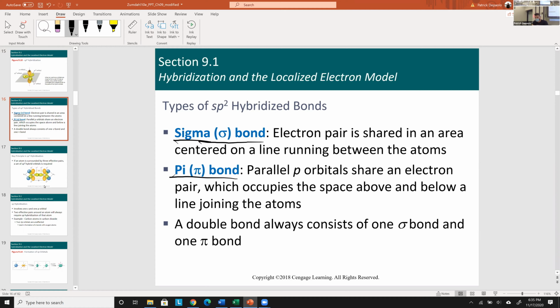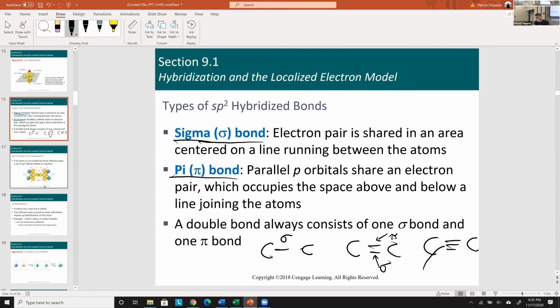That's an example. So if you had, let's say, C single bond C, this would be a sigma bond. If you had C double bond C, this would be 1 sigma bond, 1 pi bond. And no, it doesn't matter which one's which, because in your picture, it's not going to be perfect. Then for a triple bond, it does matter which one's which, because you clearly have one in the middle, right?